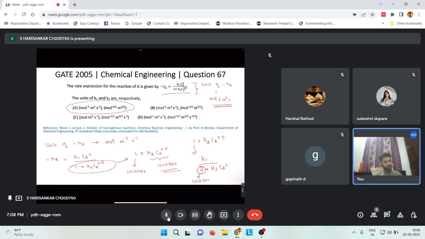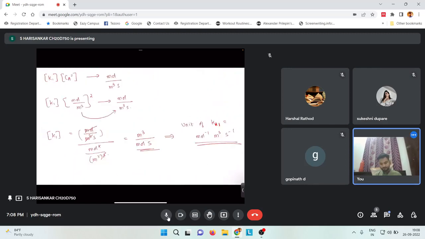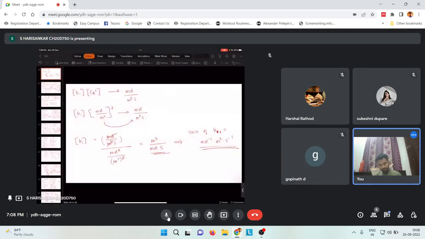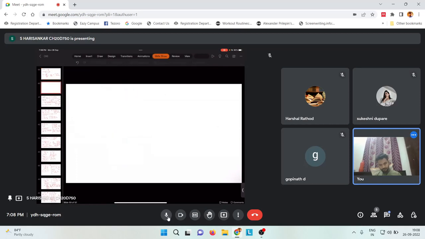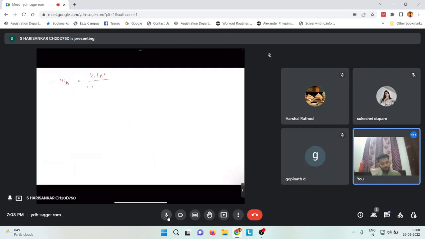I'll just write on a new page. Here it was minus Ra is equal to K1 Ca square by 1 plus K2 Ca raised to 0.5. Any number you see in the denominator of a rate equation is basically unitless, no matter how big the number is.